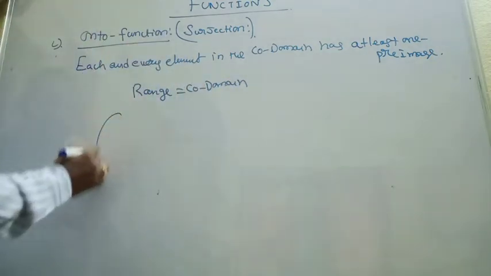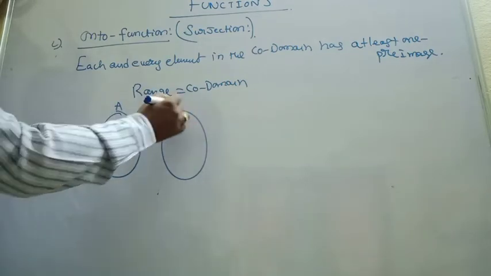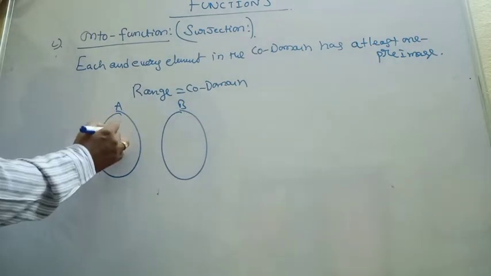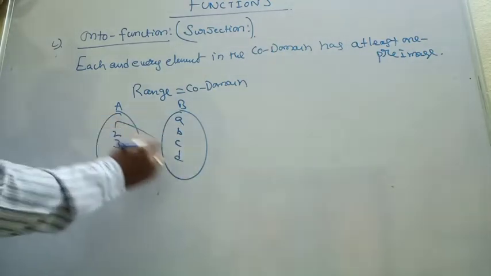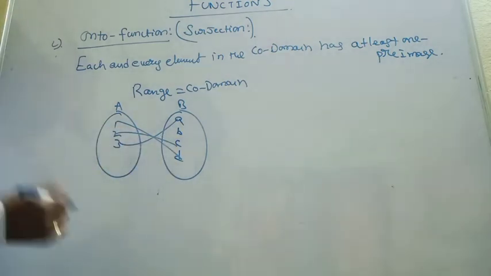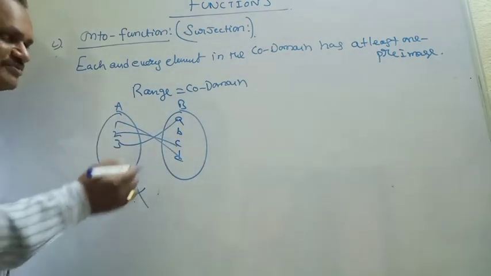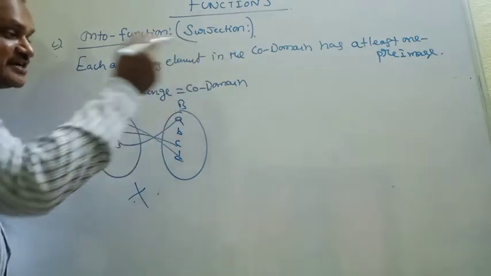You see, for example, we have a basic example, let us try to check. This is A, B. I am having 1, 2, 3 and A, B, C, D like this. 1 with D, 3 with A, 2 with C. Is it an onto function? No. Why is it not an onto function? I told that each and every element in the codomain has at least one pre-image.